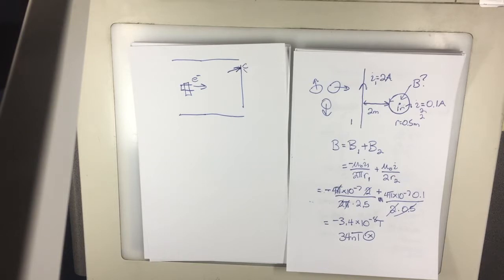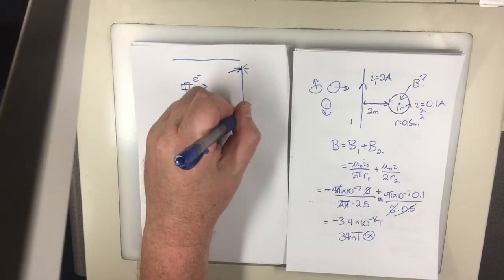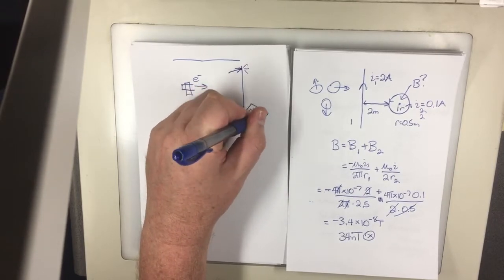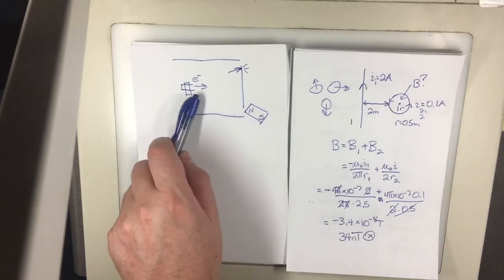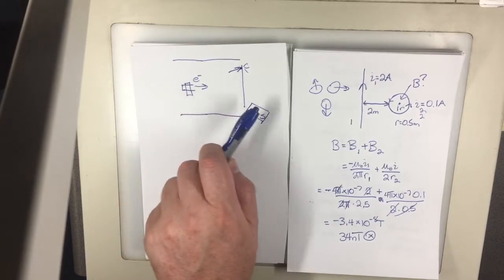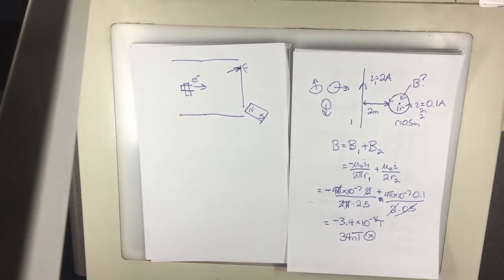What my brother and I would do, you couldn't do it a lot, is you would get a magnet and stick it up to the TV, and these charged particles would see the magnetic field of the magnet, and you would bend the electrons. If you held the magnet up close to a TV screen, you would distort the image. You couldn't do it for long, and you couldn't do it with a strong magnet, otherwise you would mess up the material.